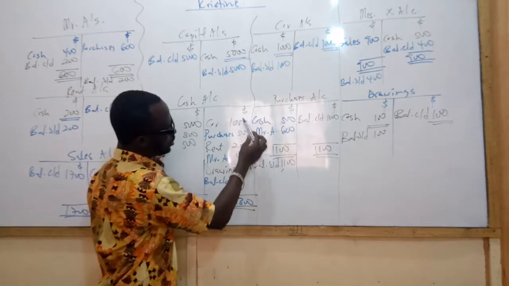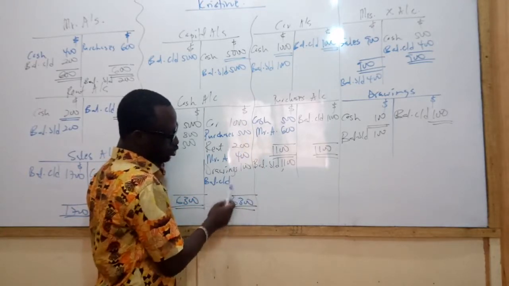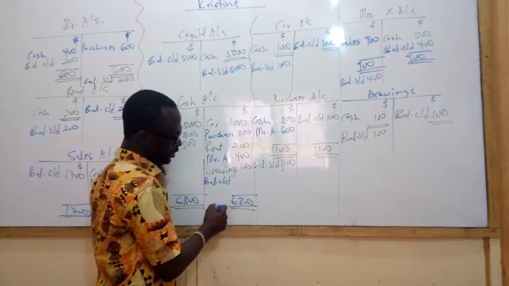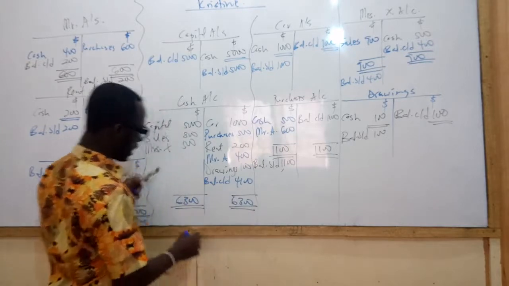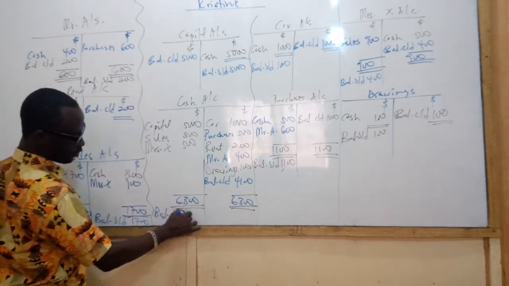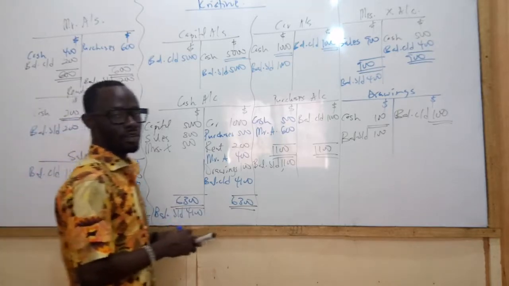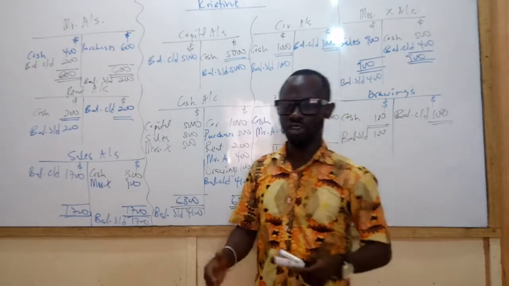So this is 1,500. This is 2,200. So 2,200 from 6,300. That should give you 4,100 as the balance carried down. And so balance brought down is 4,100.